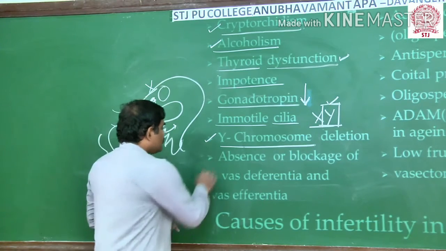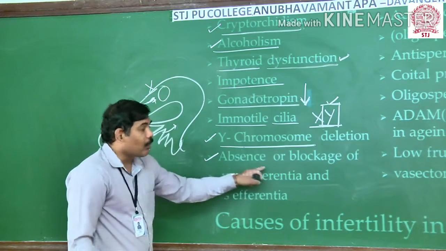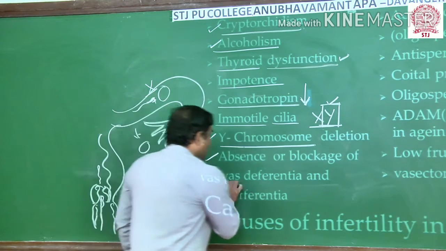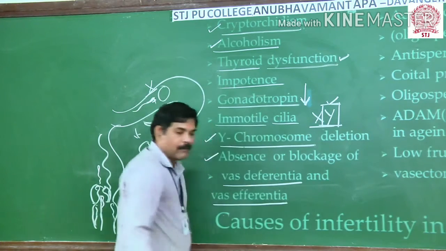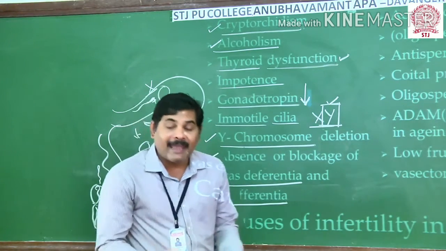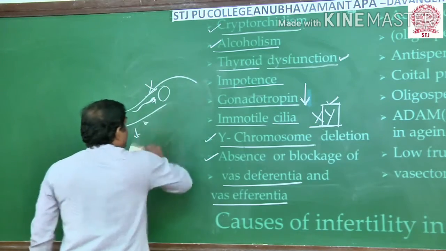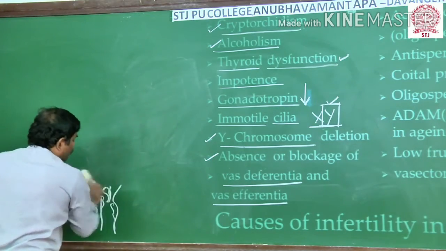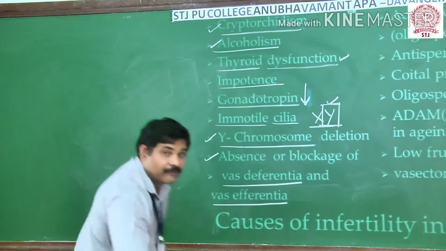And thereafter, the next one is absence or blockage of vas deferentia and vas efferentia. You might have studied the male reproductive system in a detailed way, with the various parts in it. Now let us recollect the structure of the testes.